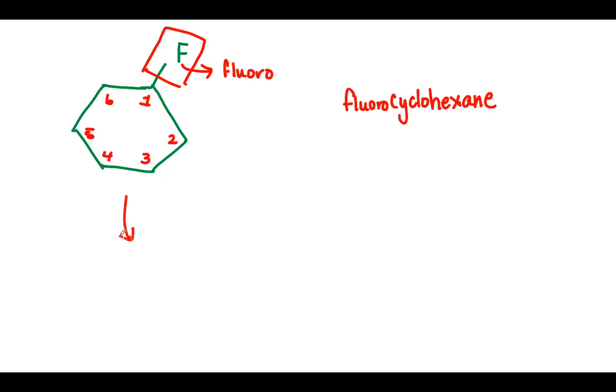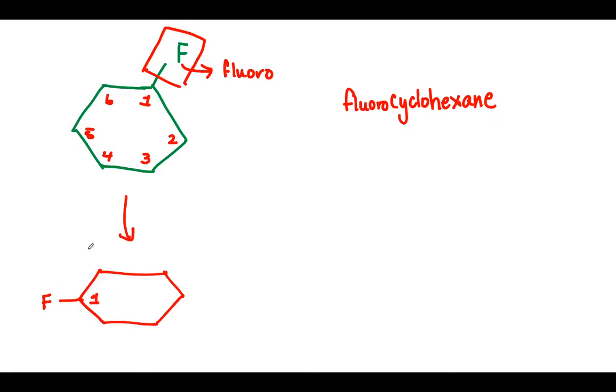Now I'm not going to include the 1 here, and the reason for this is very important. This has to do with the fact that I only have 1 side group and I only have 1 fluorine. And if that is the case, let's say I put the fluorine here on this end of this exact same cyclohexane. You'll notice that when I numbered it, I purposely put the 1 where the fluorine is attached. So even if I put the fluorine here, when I'm numbering it, this has to be carbon number 1.